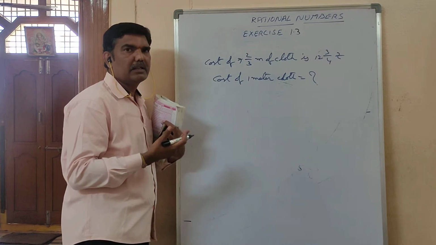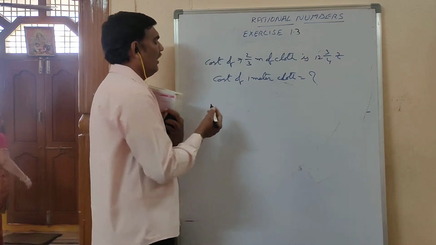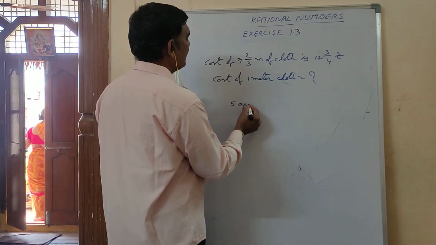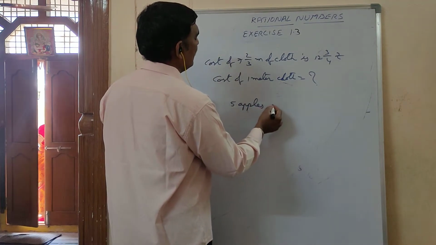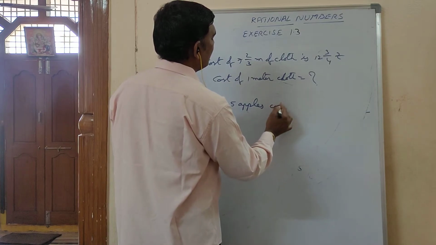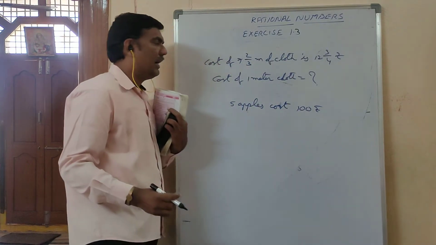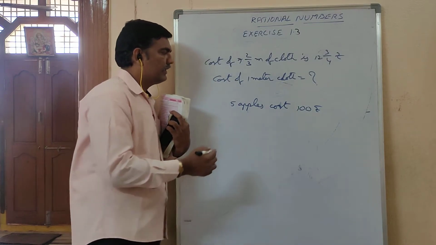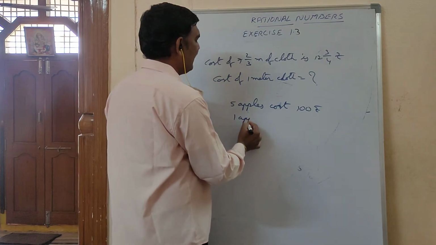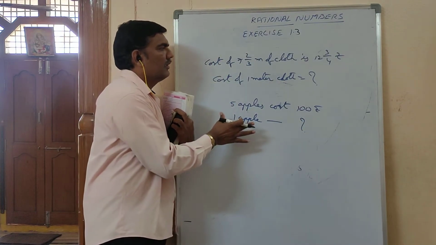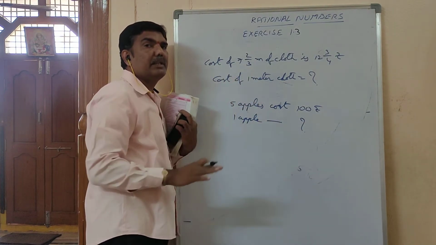It is a third class or fourth class problem. How do we do it? See it. 5 apples cost 100 rupees. 1 apple costs how much? For every problem its basics will be there.